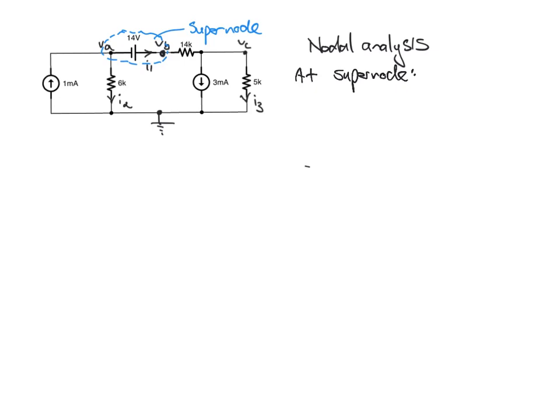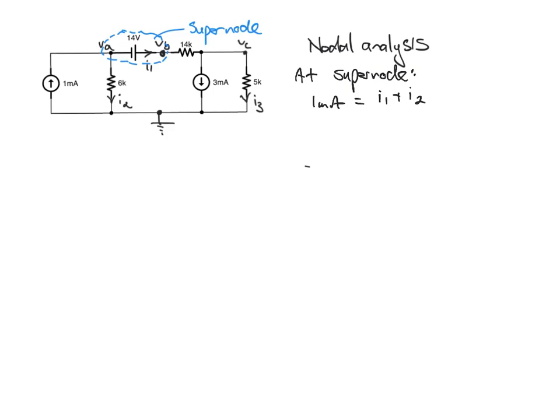And remember, we first have to see which currents are flowing into the supernode, and they are equal to the currents flowing out. So we've got flowing in 1 milliamp, and that must be equal to I1 plus I2, which are flowing out of the supernode.